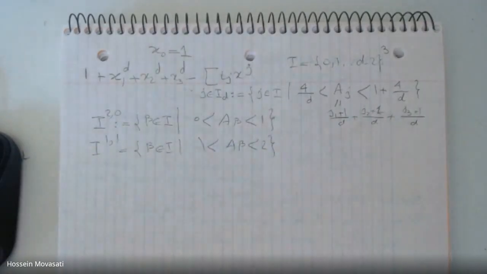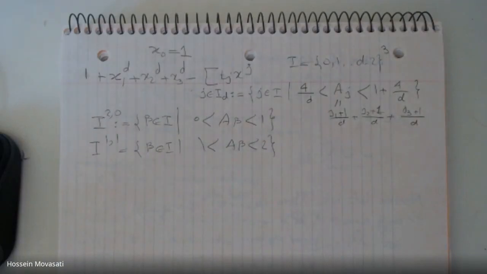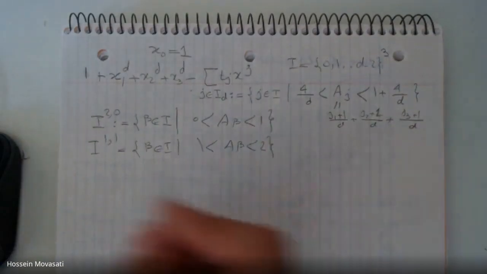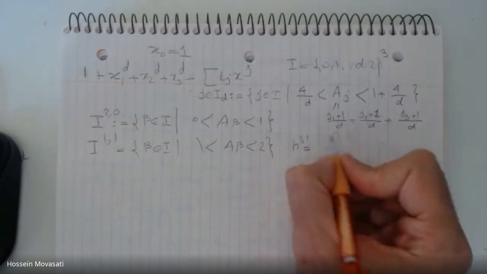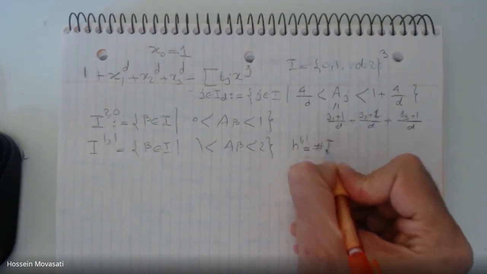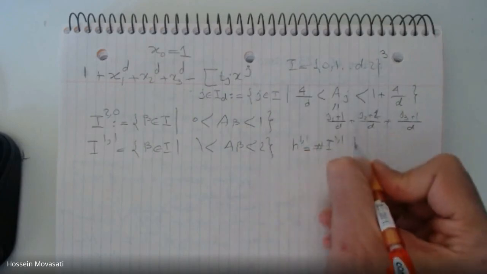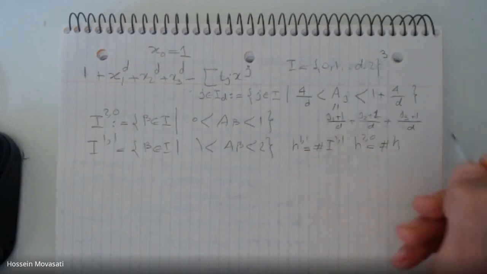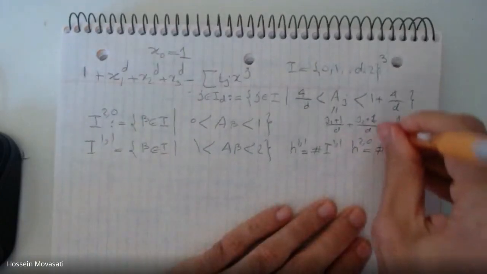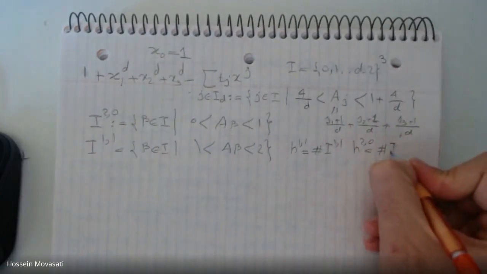We just needed this one. So the Hodge number H11 is just the cardinality of I11, and H20 is just the cardinality of I20.